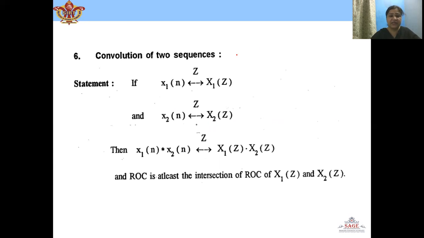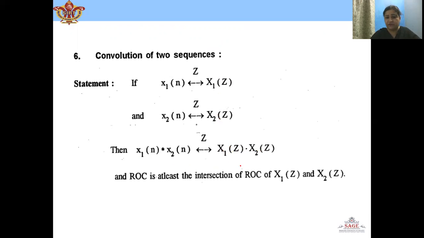Now the next property is convolution of two sequences. According to this property, if we have two signals, say x1[n] and x2[n], where x1[n] has z transform X1(z) and x2[n] has z transform X2(z), and I take the linear convolution of these two signals and find the z transform of their linear convolution, the z transform will be the product of the individual z transforms, which is X1(z) into X2(z).